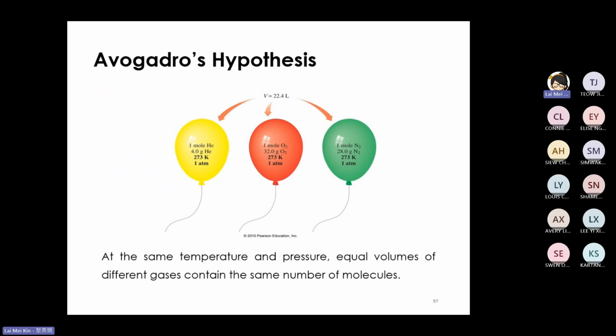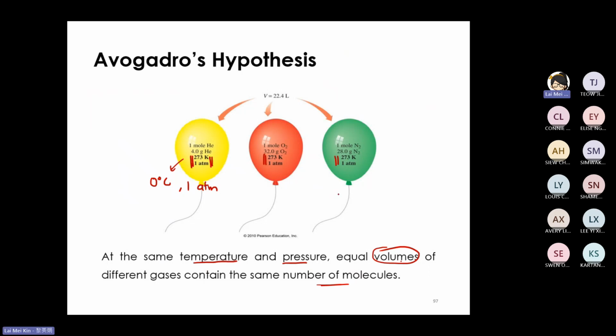At the same temperature and pressure, as long as different gases have the same volume, they will have the same number of mole, so the same number of molecules. For example, at 273 Kelvin, 1 atm. May I know what is 273 Kelvin? 0 Celsius. Very good, 0 degrees Celsius, 1 atm. Can you tell me what condition is this?